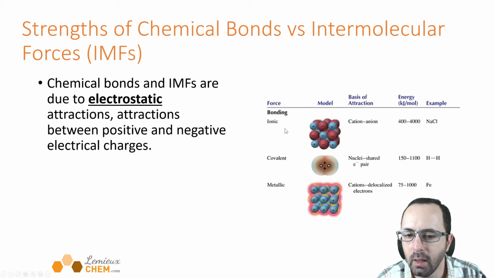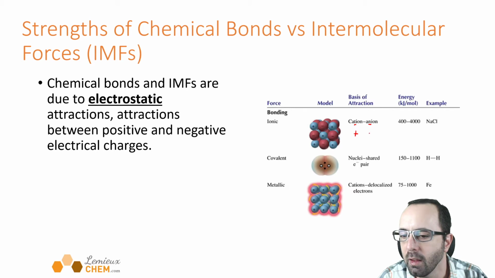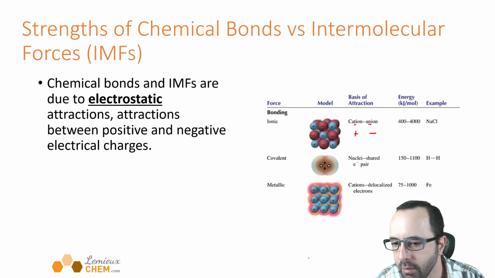So in ionic bonding, we have attractions between cations and anions. Cation is a fancy name for positive ions. I remember that because the t looks like a positive sign. And anion is the fancy name for a negative ion. I remember that because N is the first letter in negative.